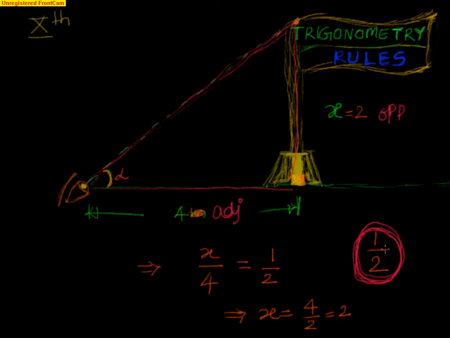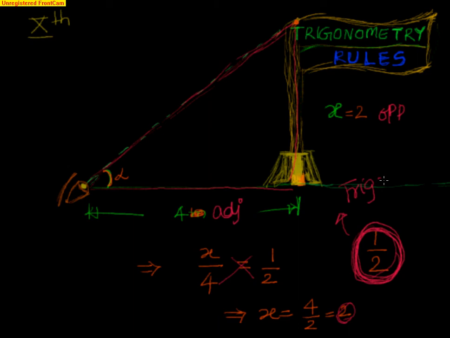You thank me and turn to your friend and say, by the way, this gentleman helped me, now I know x by 4 equals 1 by 2. I can apply the basic mathematical concepts and tell you that x equals 2. Now how did I give you the value of 1 by 2? I said that I have used the trigonometrical ratios.